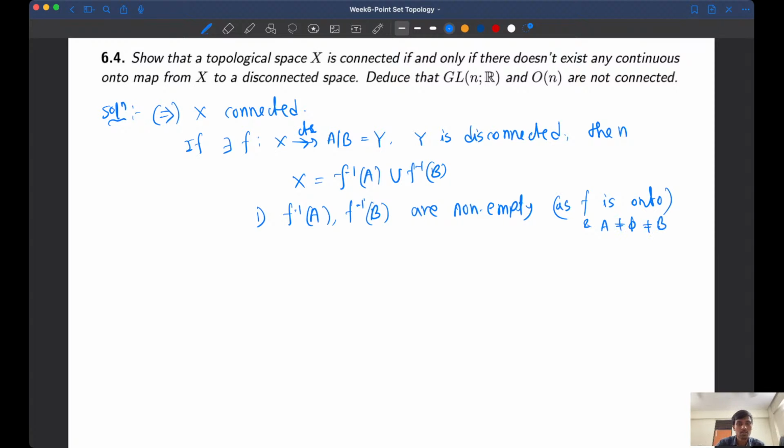So second, they are open, because here A, B both are open as well as closed. As f is continuous, the continuity is used here.